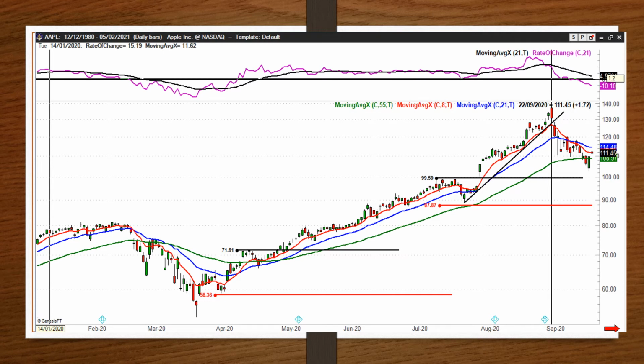That will be in video 2 of this little series of mini videos that I'm sending to you. We would get in just above that black line that you see there at 99.59, and our stop would be at that red line at 87.87, and we would bring our stop on our first position up from 58.36 to $87.